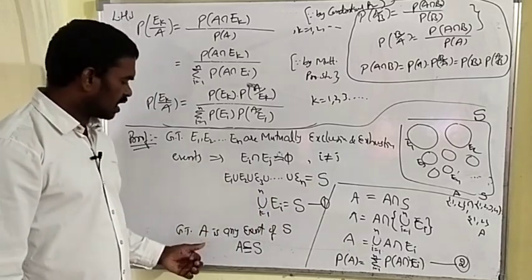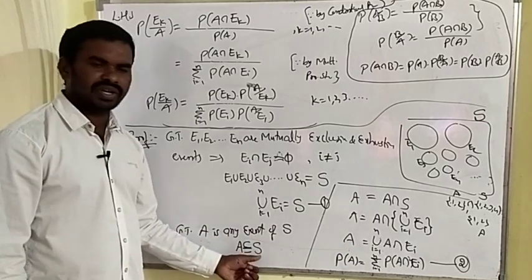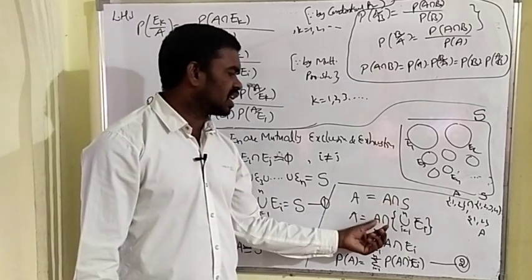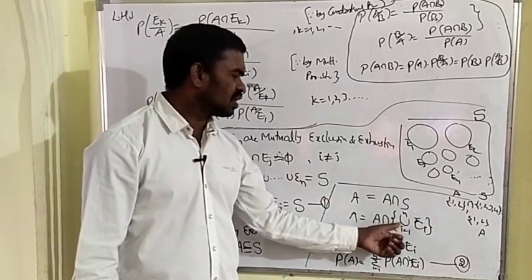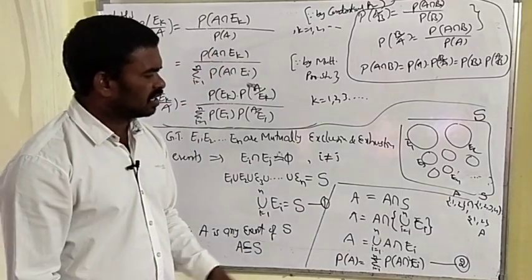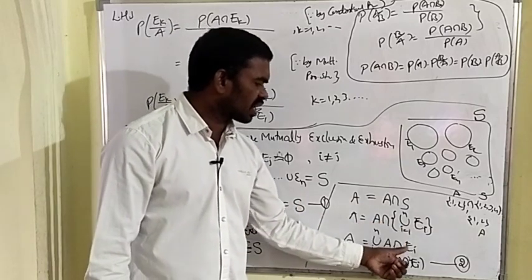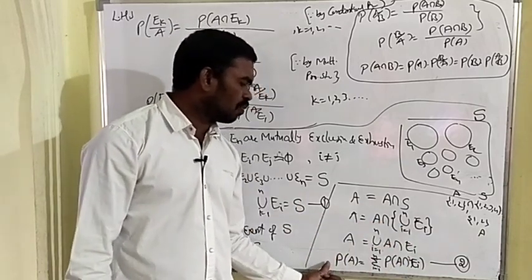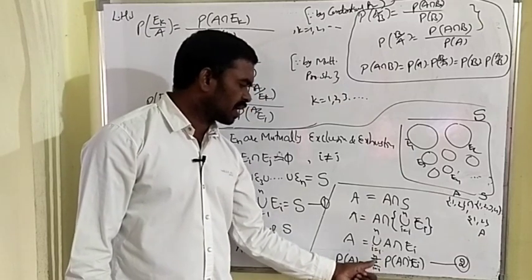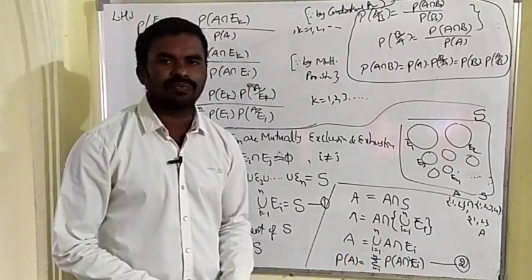Now take the event A, that is any event of S, means A is a subset of S. That means A equal to A intersection S we can write. S means, from equation 1, union i equal to 1 to n of Ei, then A intersection Ei we can write, and next apply probability on both sides. Whenever you apply probability, it becomes P of A, and union becomes summation, then the probability of A intersection Ei can be written. So take this as equation 2.